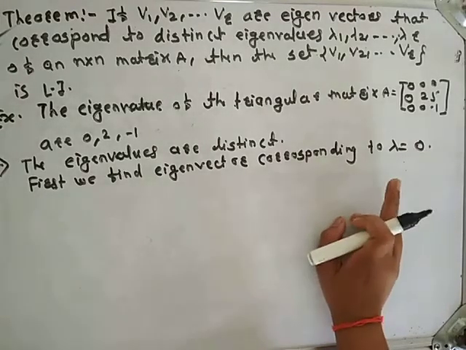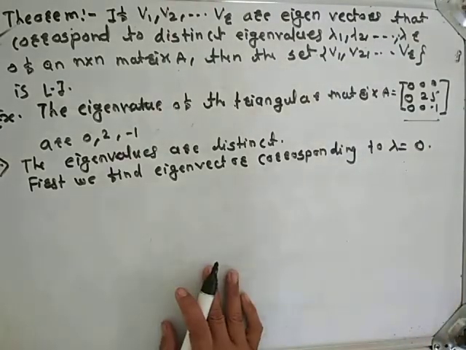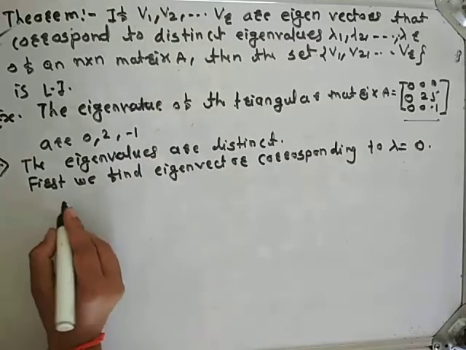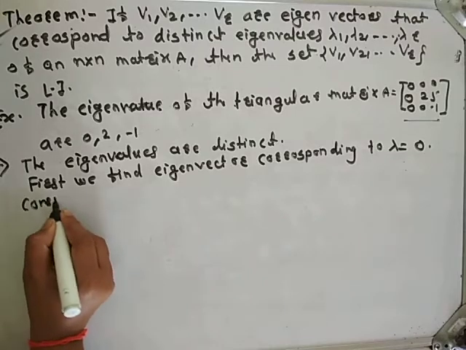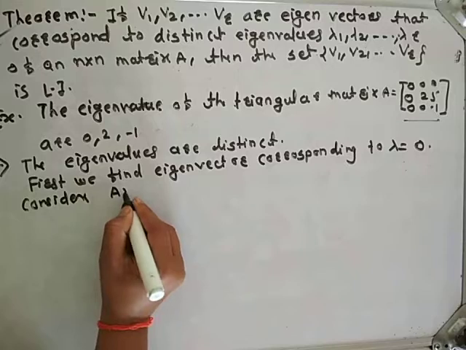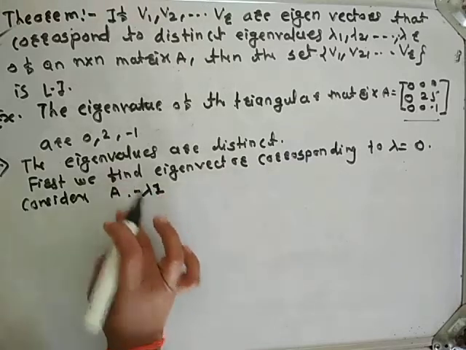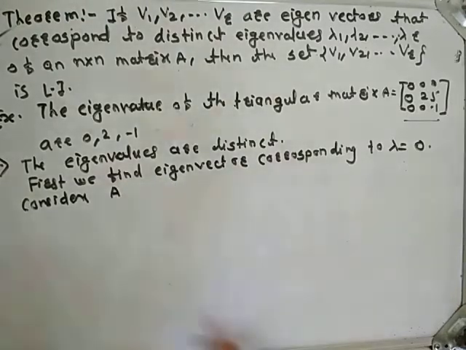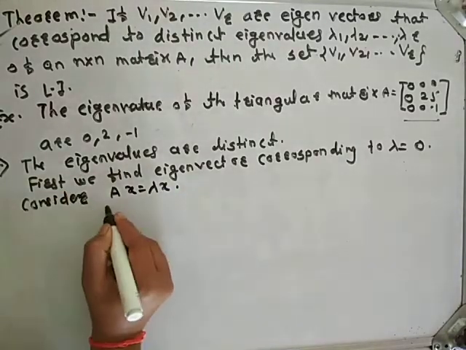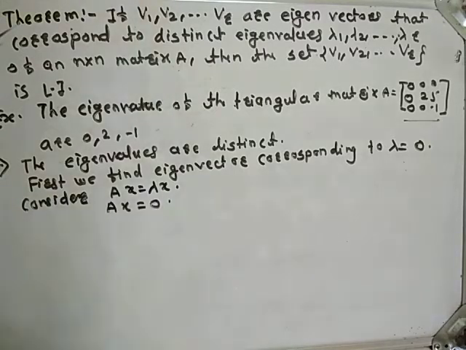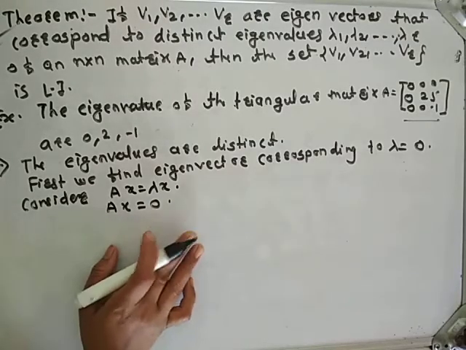Here we can find the eigenvector corresponding to lambda equal to 0 because determinant of A is equal to 0. Therefore, consider Ax equal to lambda x. Here lambda is equal to 0, so we will get Ax equal to 0. This is a homogeneous linear system.